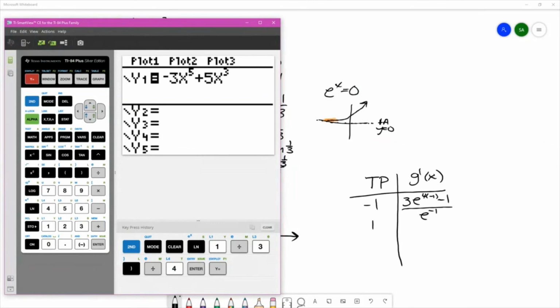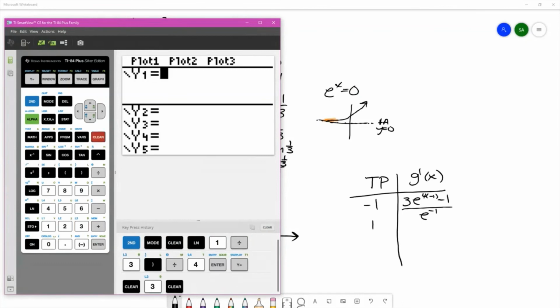And type the derivative into my y equals menu. I need parentheses around the numerator.